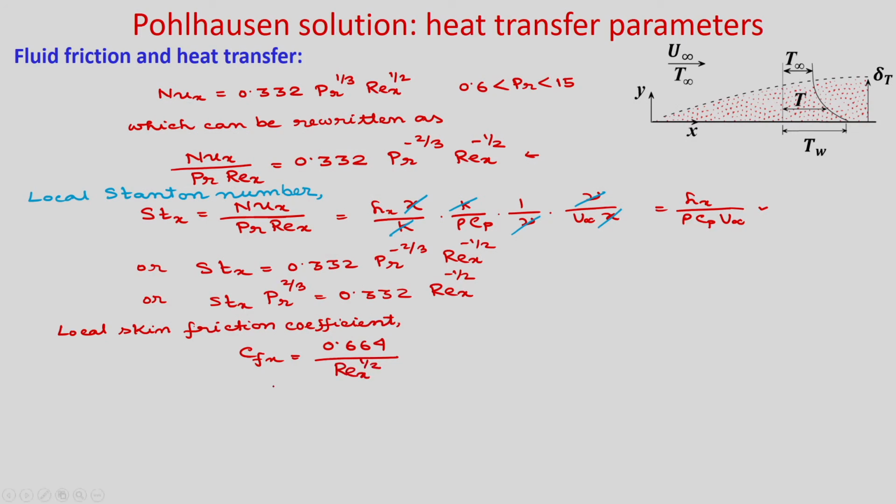Okay. So, from this expression and the previous expression you can write Stanton number x Prandtl number to the power 2 by 3 as Cfx by 2.